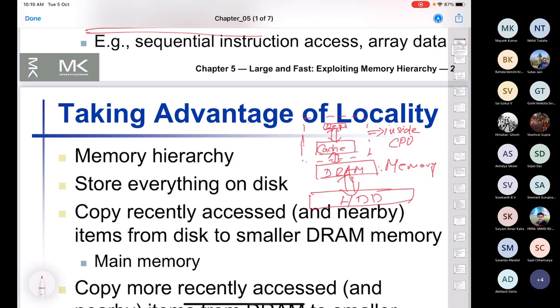So the microprocessor tries to bring an even smaller amount of data, whose probability of being accessed is even higher, to its on-chip cache. On-chip cache memory is very fast because it is inside the chip.